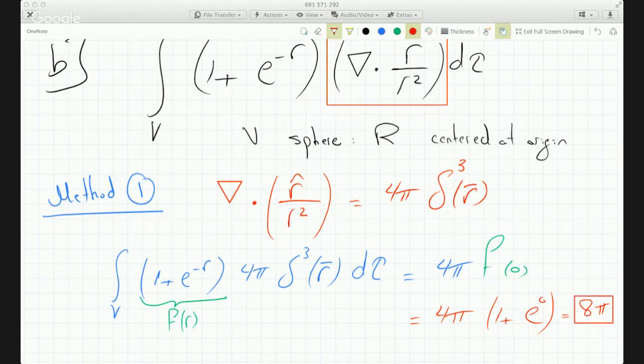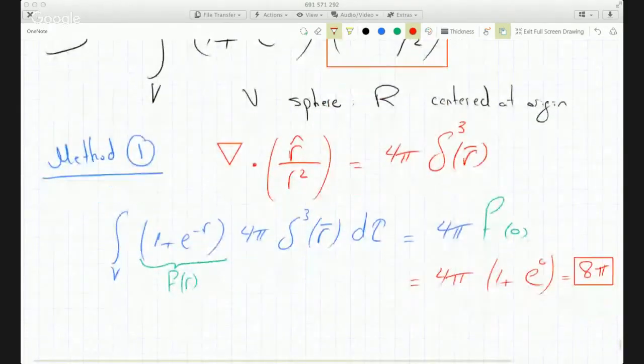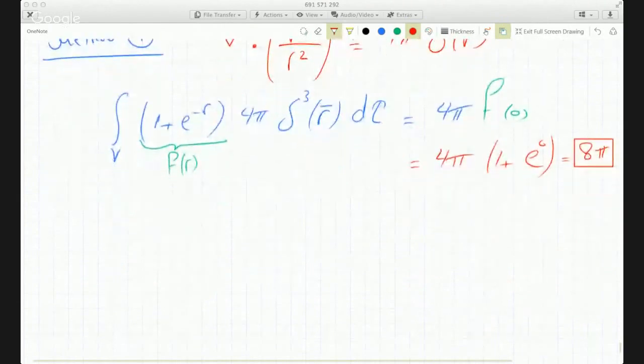So this question demonstrates the power of the Dirac delta function and how you could use it to evaluate a fairly sophisticated integral, because when I do it in the second method, you will see that it's much more work.